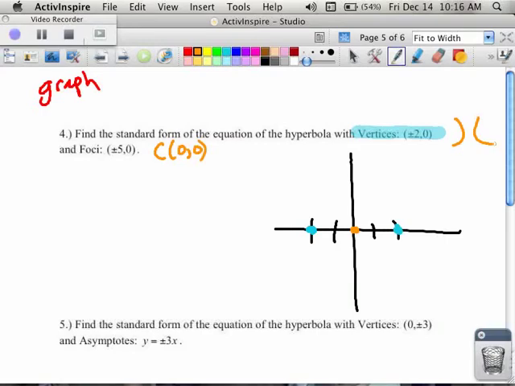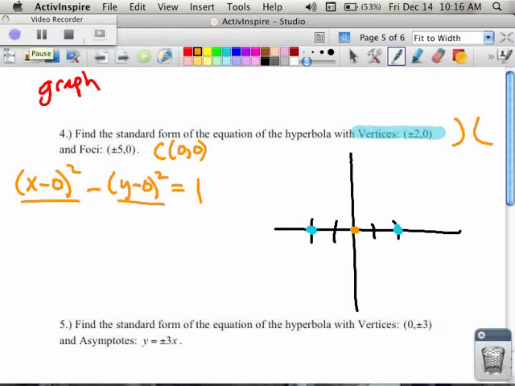So that's great, because now I know that the x thing comes first. So I write the x thing first. X minus 0 squared minus y minus 0 squared equals 1. And I'm almost finished, just in that small part.